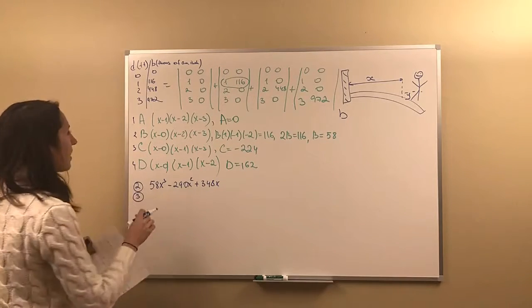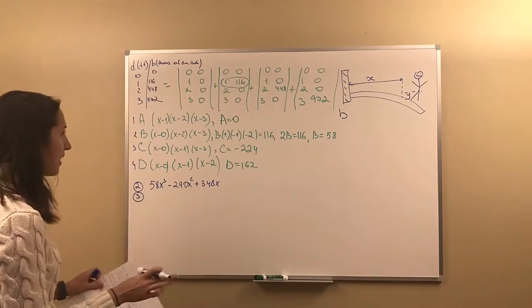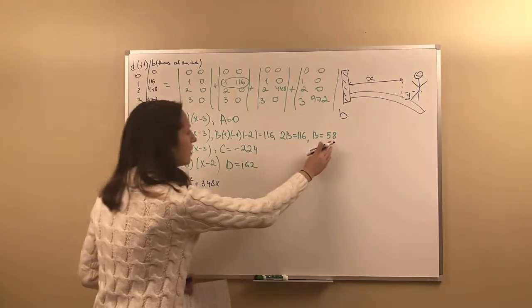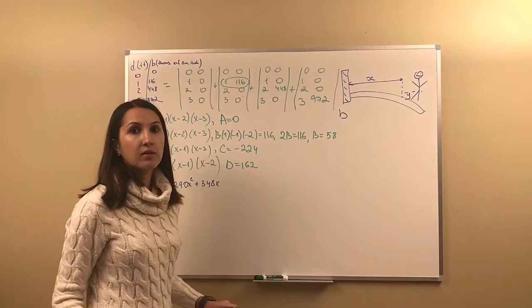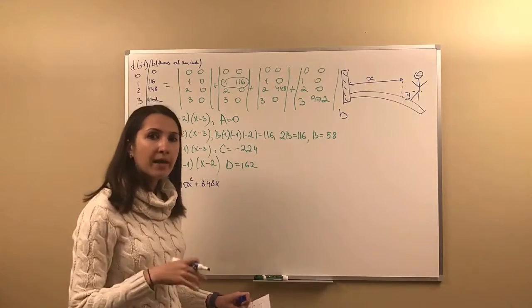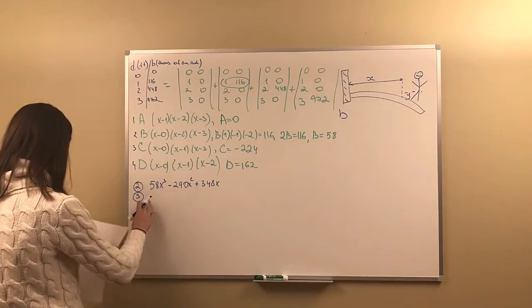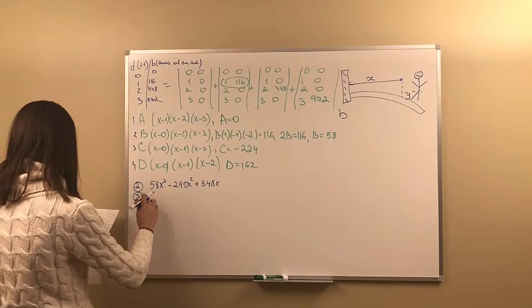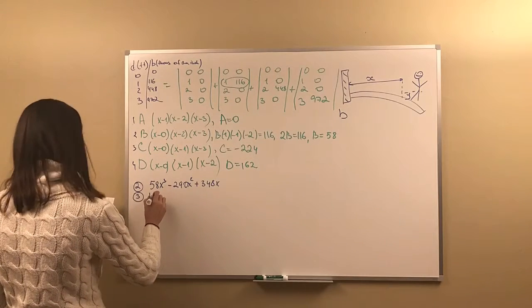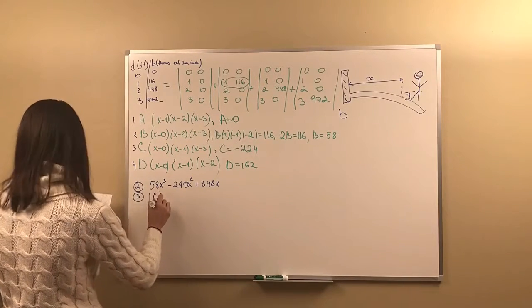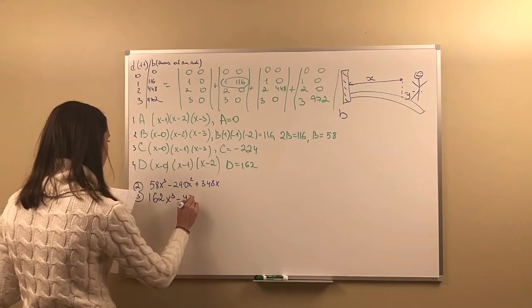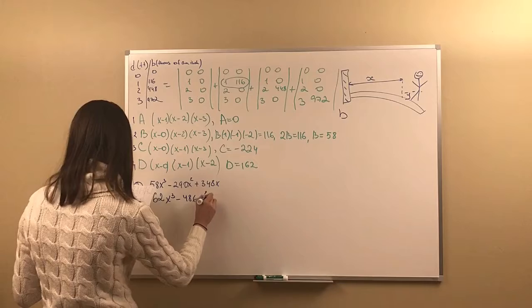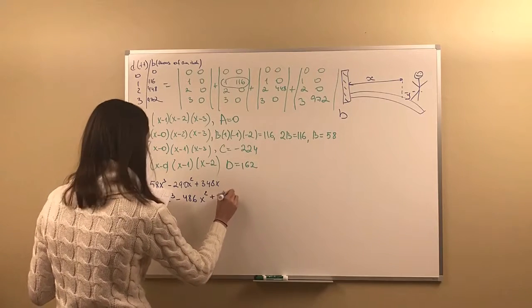The third one, in order to simplify, literally take this value here, open up the parentheses, use the distributive property, combine like terms, and you're supposed to get the same thing. So the one here will turn into 162x cubed minus 486x squared plus 324x.